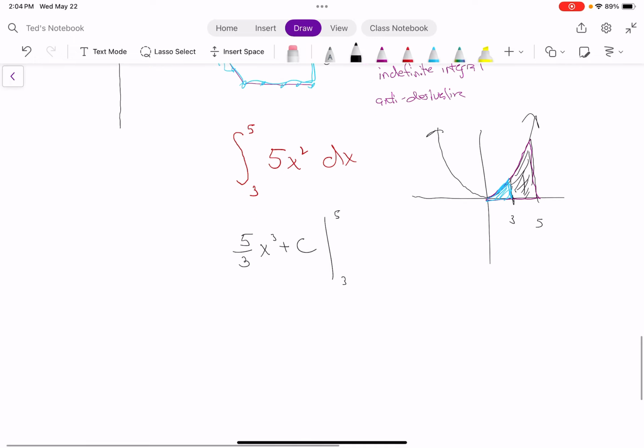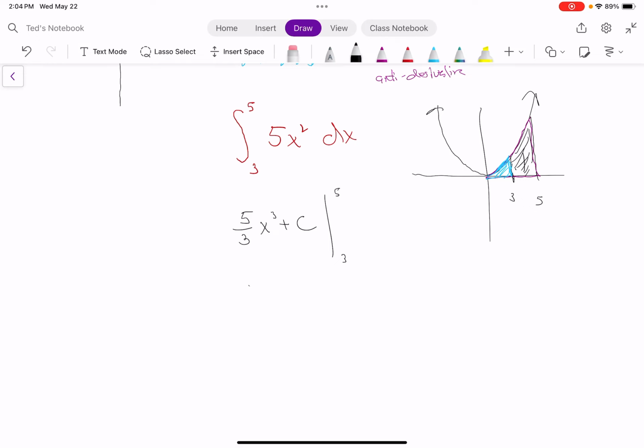Okay, so when I plug this in, I get 5/3 times 5 cubed plus c minus 5/3 times 3 cubed plus c.